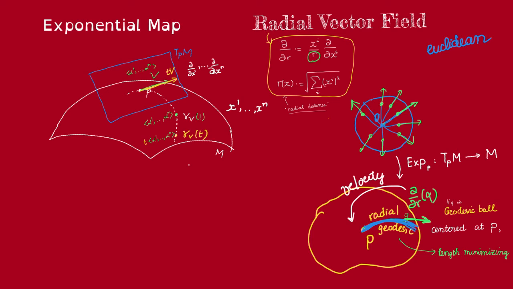Observe in this picture, each of these radial geodesics corresponds to each of these ray segments. And we can think of this vector as being the push forward of a radial velocity vector here. In particular, observe that its magnitude is 1.